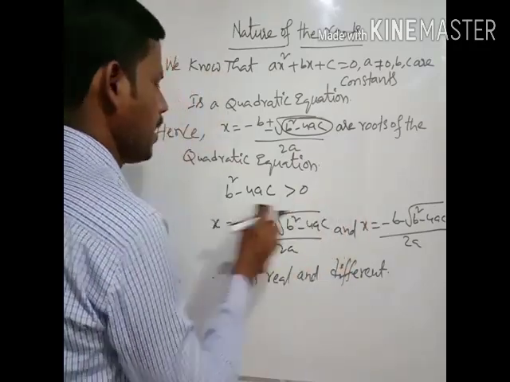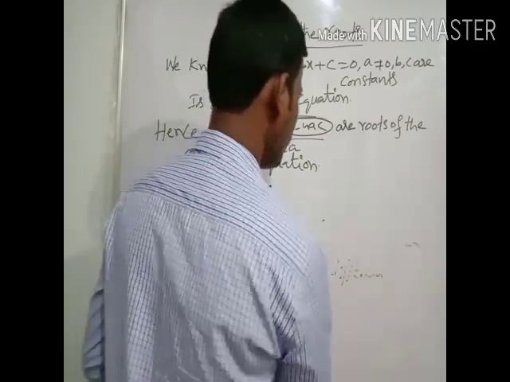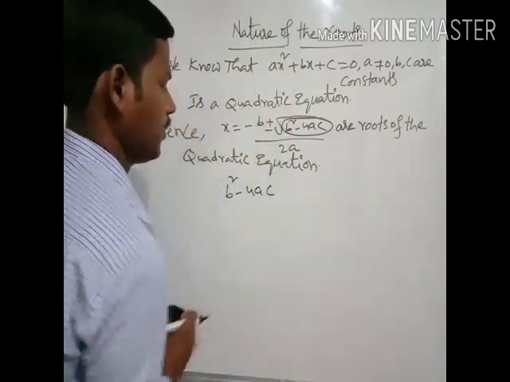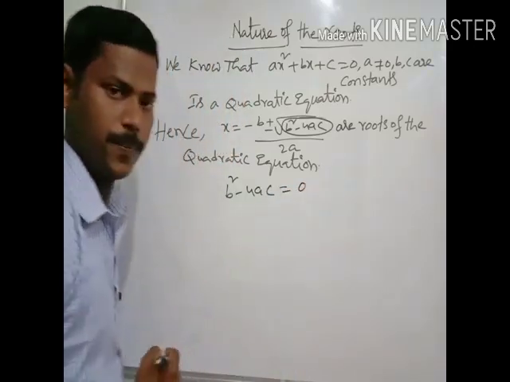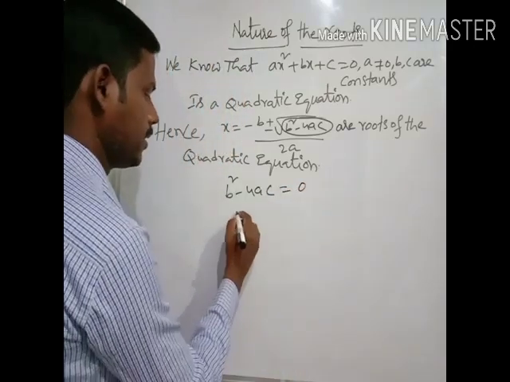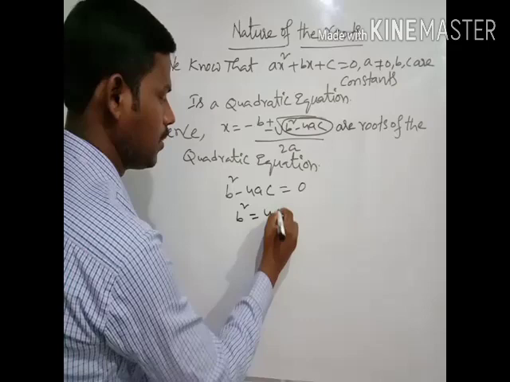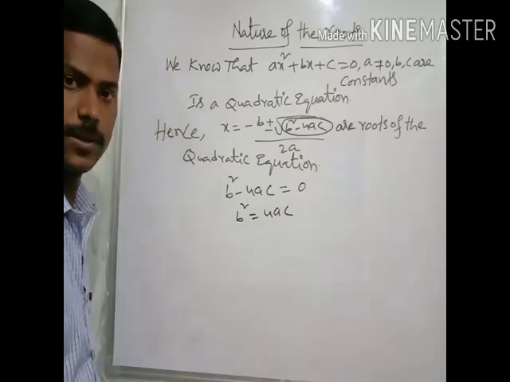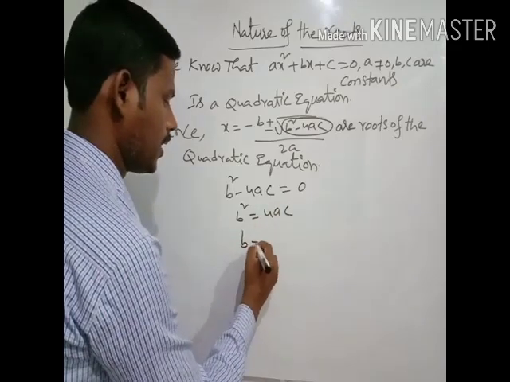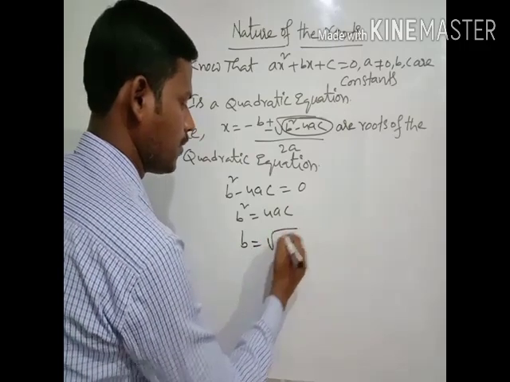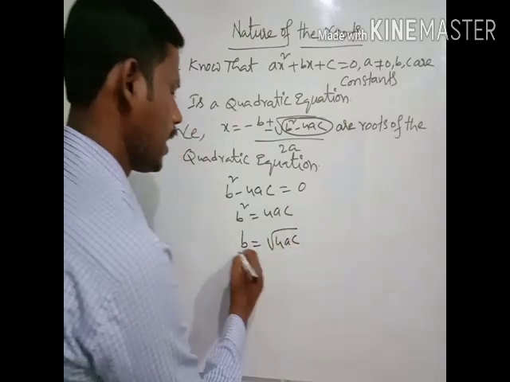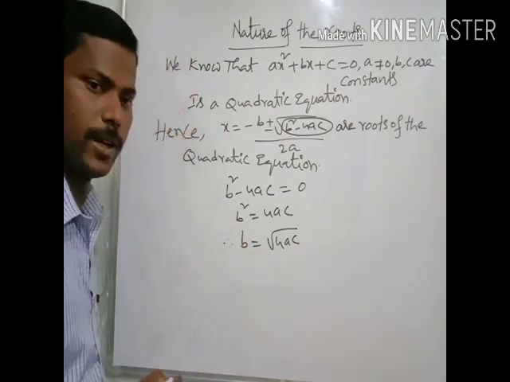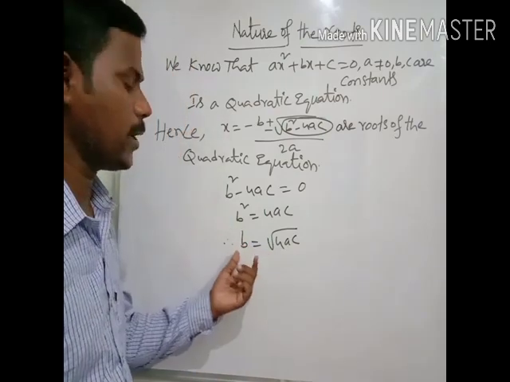Then we see another condition. If b² − 4ac is equal to 0, then what happens children? b² = 4ac. Okay children, b equals what? b = √(4ac). Like that you can also find the b value.